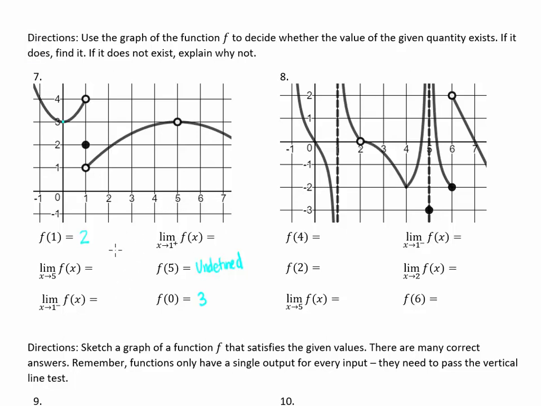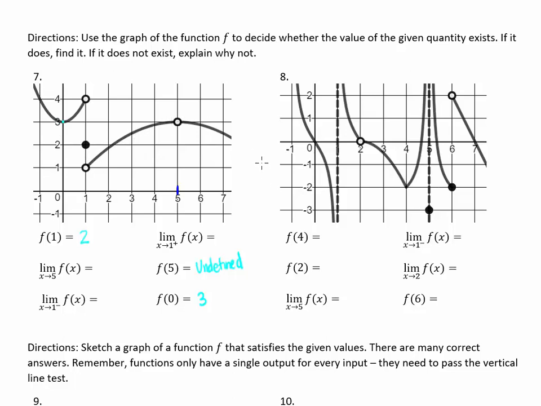All right, so now let's do the limits. So let's see this one right here. Limit as x approaches 5. Notice that it doesn't have the negative or the positive sign. So this is the two-sided limit. So really what we're going to look at is the left side and the right side and see if they're going to the same place. So as we come up here to 5, so here's 5 right here. As we follow our graph from the left, get closer to this x value of 5, our y value is getting closer and closer and closer to 3, it looks like.